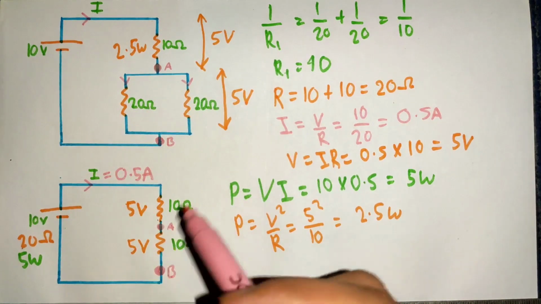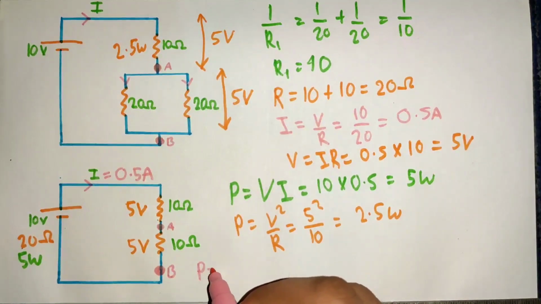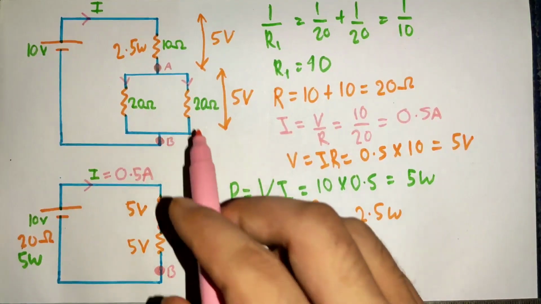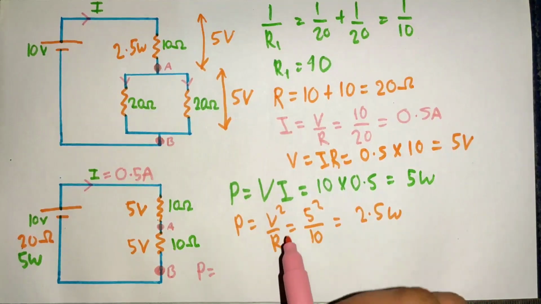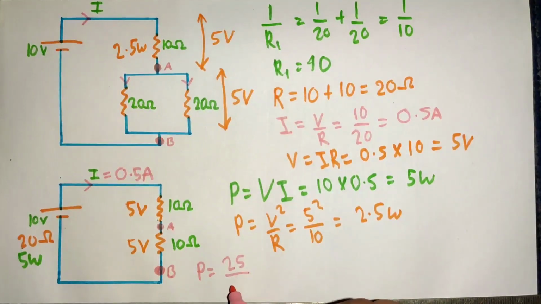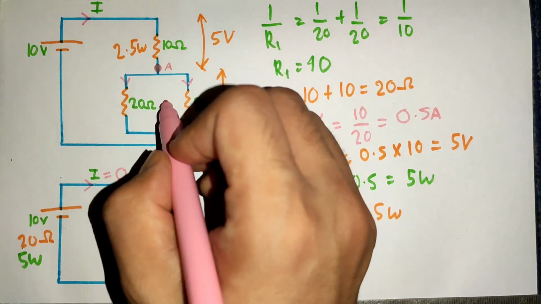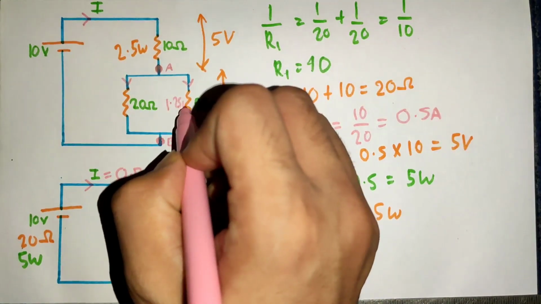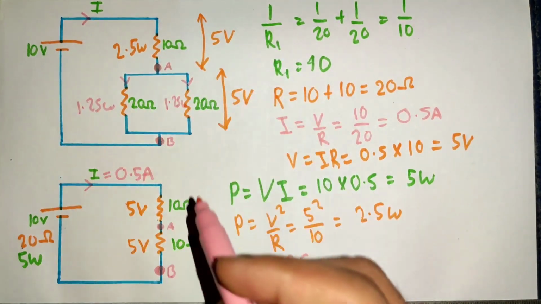Also calculate how much power is consumed by this 20 ohm resistor. So P equals to, now to calculate power, currently we have two values, 20 ohm and 5 volt. So we can use this formula, 25 by 20, 1.25 watt. 1.25 watt power is consumed by 20 ohm resistor and also by this 20 ohm resistor.